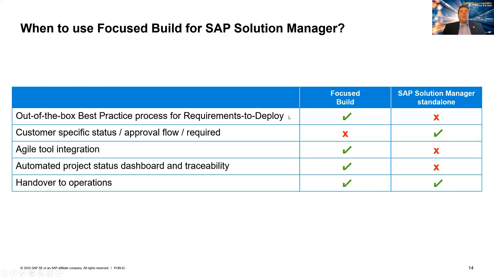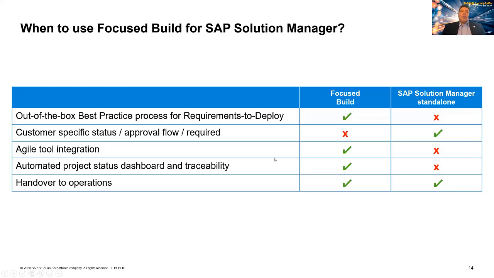So this is, let's say, the best practice from us. Then you better use Focus Build. If you want to have it customer specific with your own status flow, your own approval flows, additional features, and so on, you can do it also, of course, with Solution Manager, but then you do it on your own by sticking together the relevant processes and capabilities of Solution Manager, because Focus Build should not be modified. Yeah, it's a fixed solution.